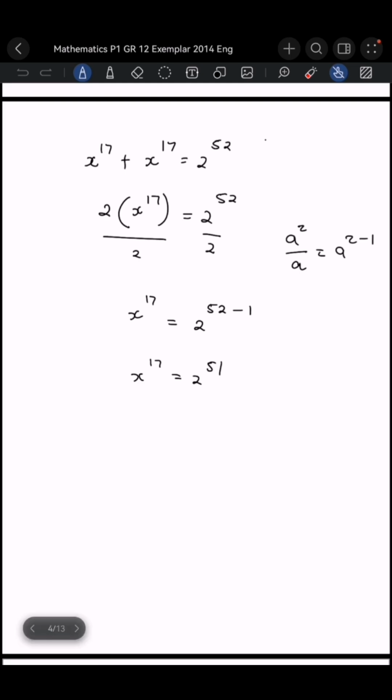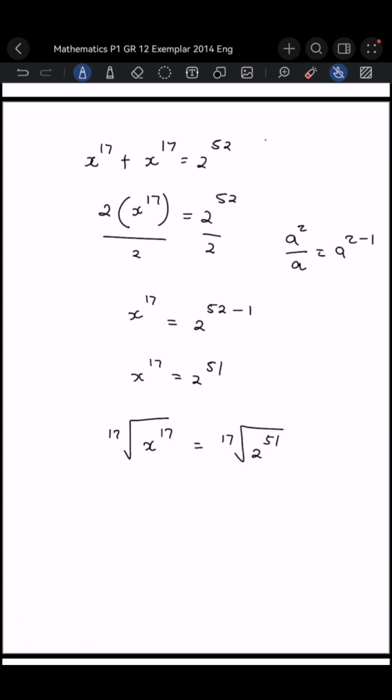And then we say, okay, find the 17th root of x. The 17th root of x is going to be equal to the 17th root of 2 to the 51.